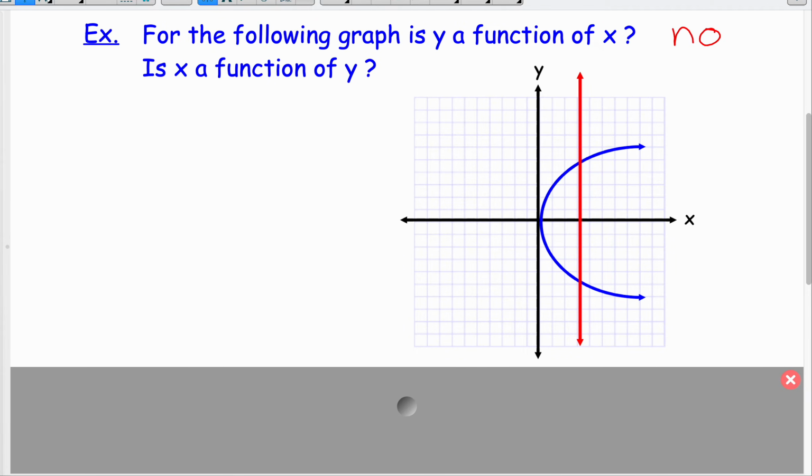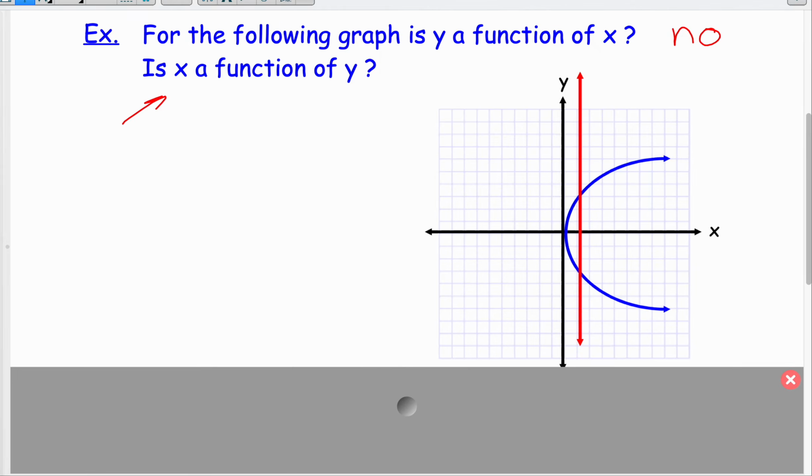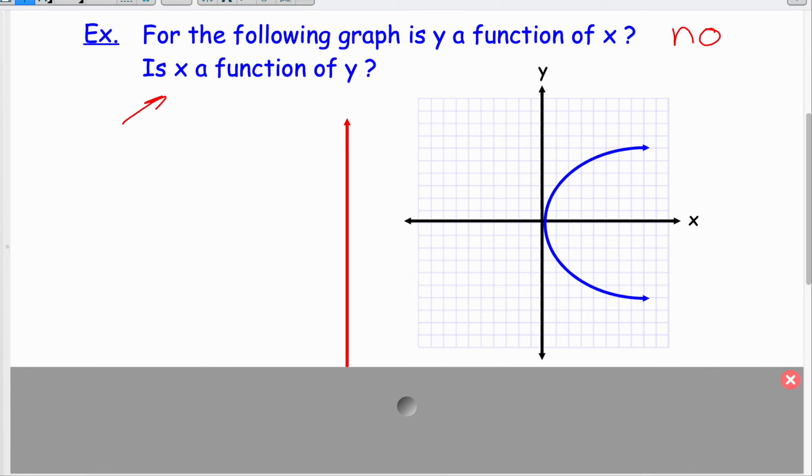But then there's an interesting question here. Is x a function of y? And so that means, let me take my vertical line over here. Let's rotate it. Could I draw a horizontal line that hits my graph in more than one spot? And the answer to that is no, I cannot draw a horizontal line that hits it in more than one spot. So that means that x is a function of y.